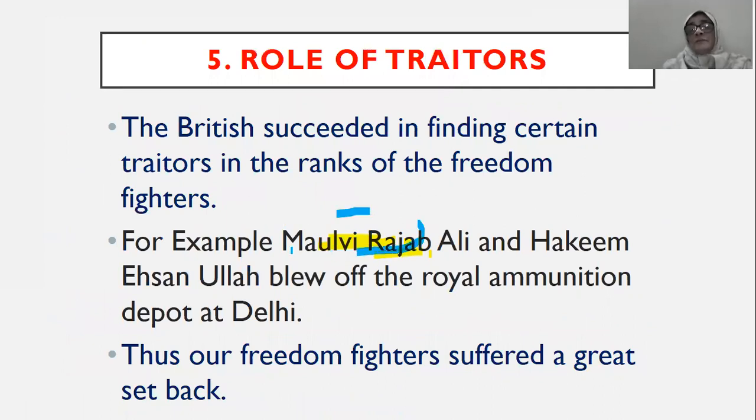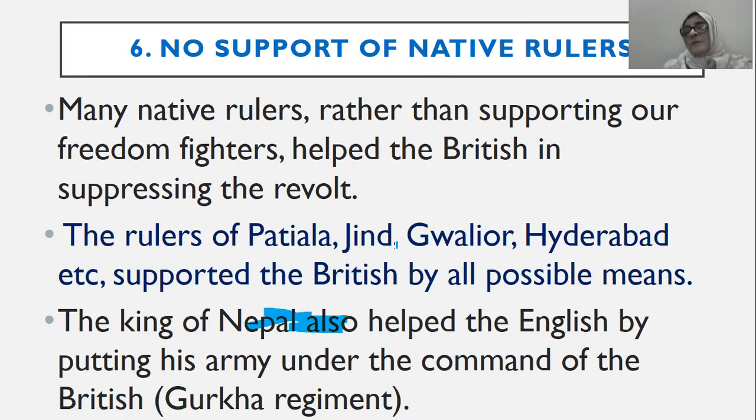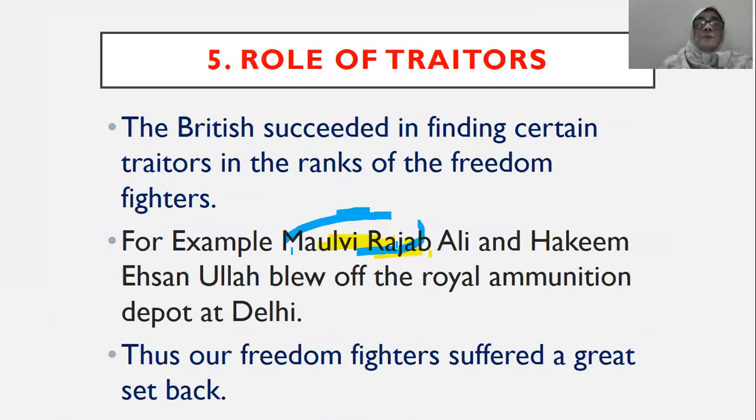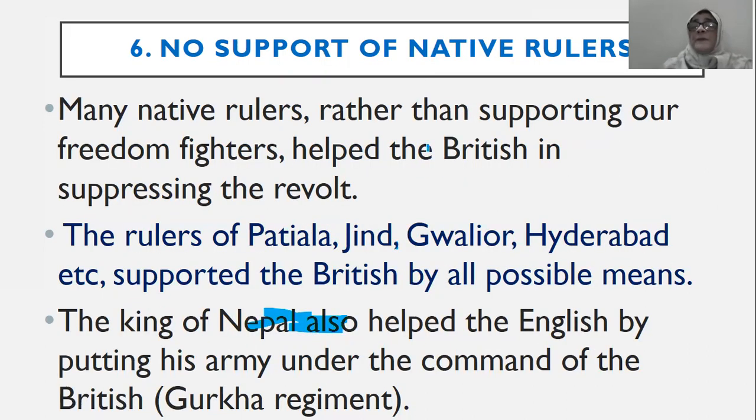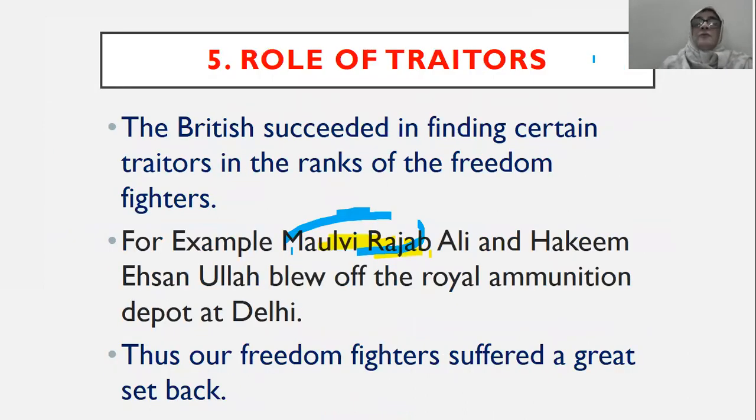Imagine, our people went against us and helped the Britishers, and there were others also helping the Britishers. So obviously they were far stronger than us, and we were weak. We did not have any support. Our own people here, the native rulers, did not support us. They helped the Britishers. Traitors, bribes, power, money, resources.